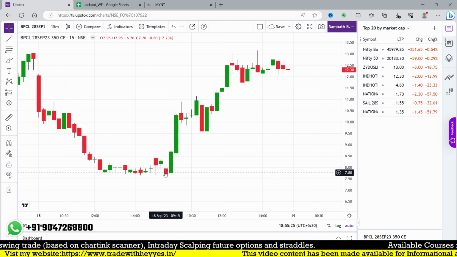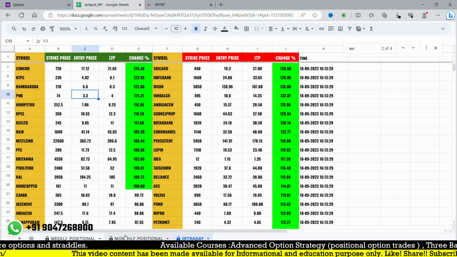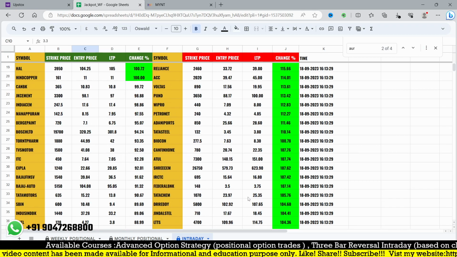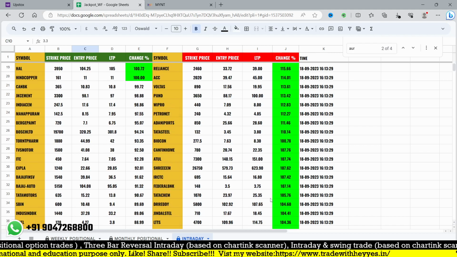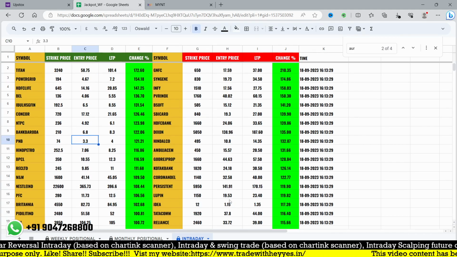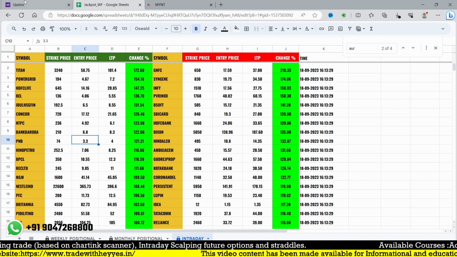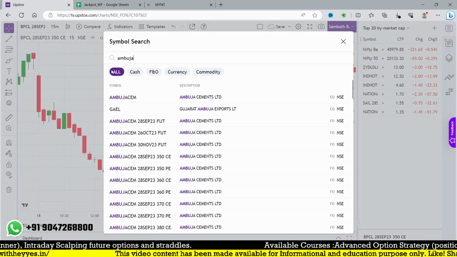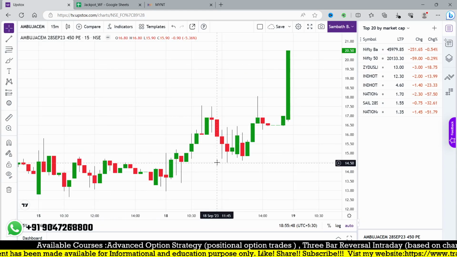You ignore that, because you don't want to focus on this many stocks. Today the market is negative, but we saw a lot of good side, almost 30-40 stocks which trigger, but here we need to filter out some quality stocks like Ambuja Cement 450 15.5, whether it is a fresh breakout or not.